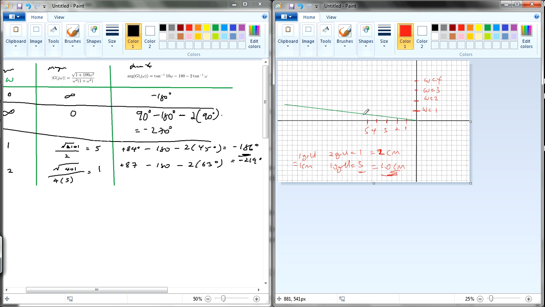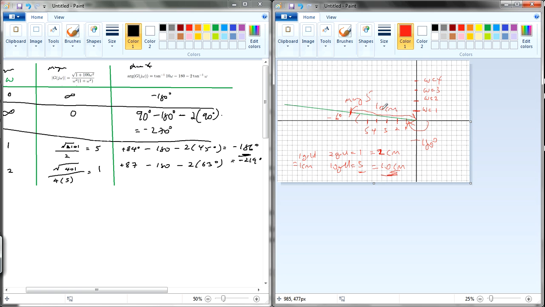So when you draw this line, this is the angle line, about 6 degrees, and this is minus 180 degrees, so minus 186 degrees. So you have to plot about 10, so this magnitude is actually 10 cm, which represents magnitude 5.